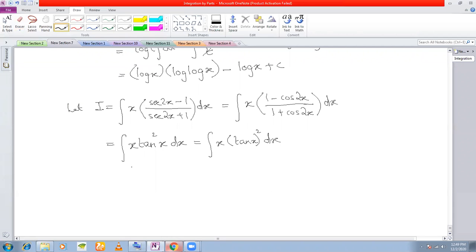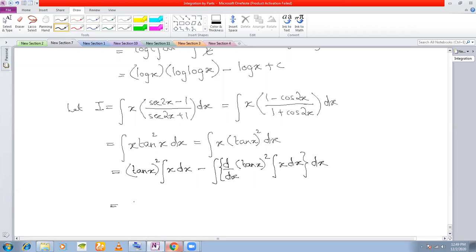You can take (tan x) whole square as your first function, x as your second function, minus integral of derivative of (tan x) whole square into the integral of x dx, whole thing dx.